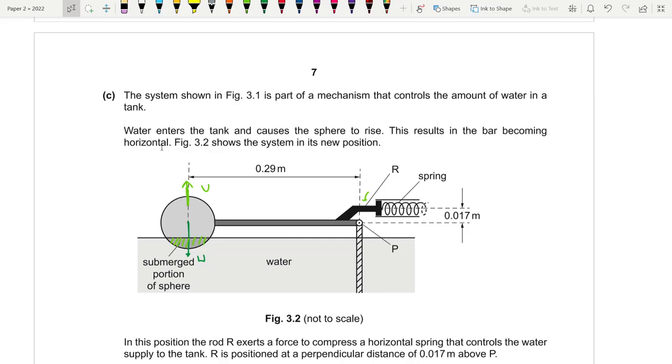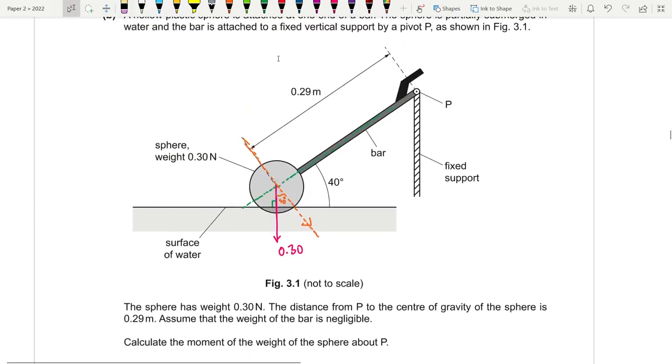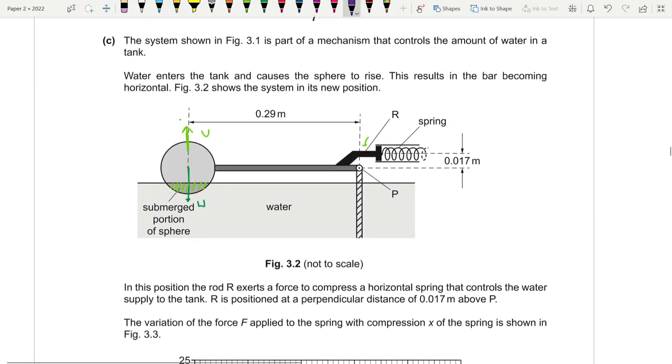So it's actually providing a clockwise moment. Now, I mentioned something wrong before. Check this out. The weight is 0.30, guys. I assumed that the upthrust was going to be equal to weight, but it's not like that. The upthrust is actually 1.18. So they're not cancelling out, which means that there has to be another vertical force at the pivot.